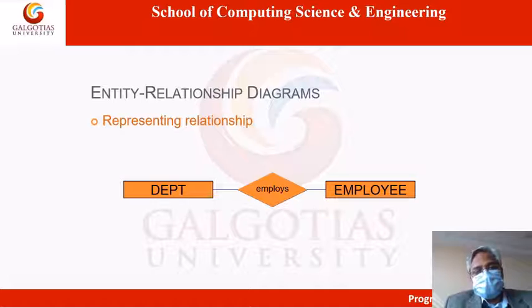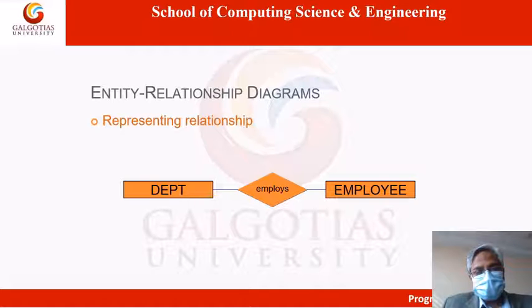Now look here, representing a relationship. This diamond represents a relationship between two entities. Here there are two entities, department and employee, and this diamond represents the relationship between department and employee.